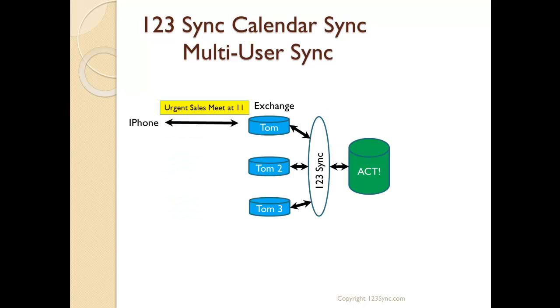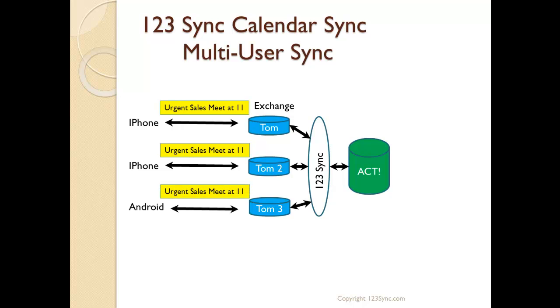One of the biggest challenges we have is in a multi-user sync environment where you have Tom, for example, on this slide. You have the same meeting being scheduled across 3 different platforms, with the same subject line, and at the same time, internal people in the company are adding that meeting to their list of meetings to attend.